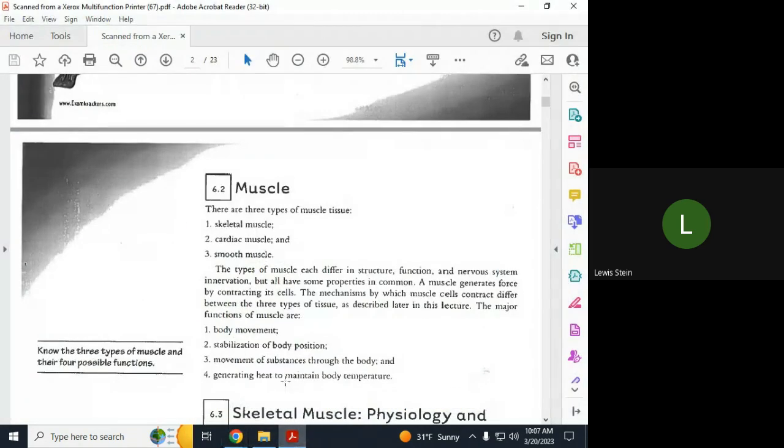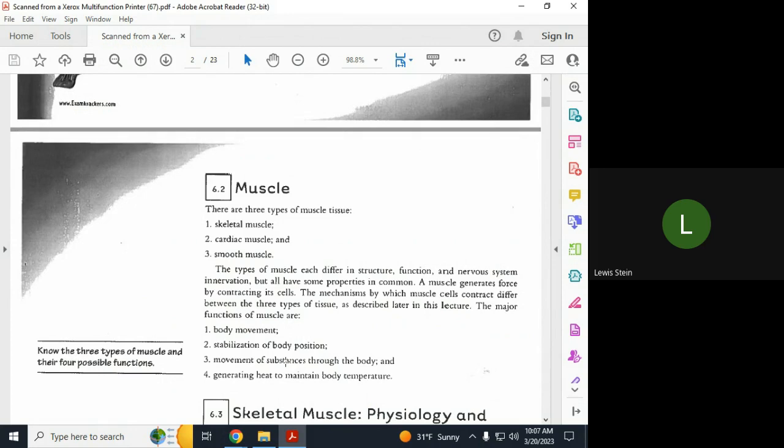So the 3 types of muscle: skeletal, cardiac, and smooth. You probably have to know nuggets of each. The skeletal certainly predominates. The first thing you look at with regard to those is involuntary and voluntary.